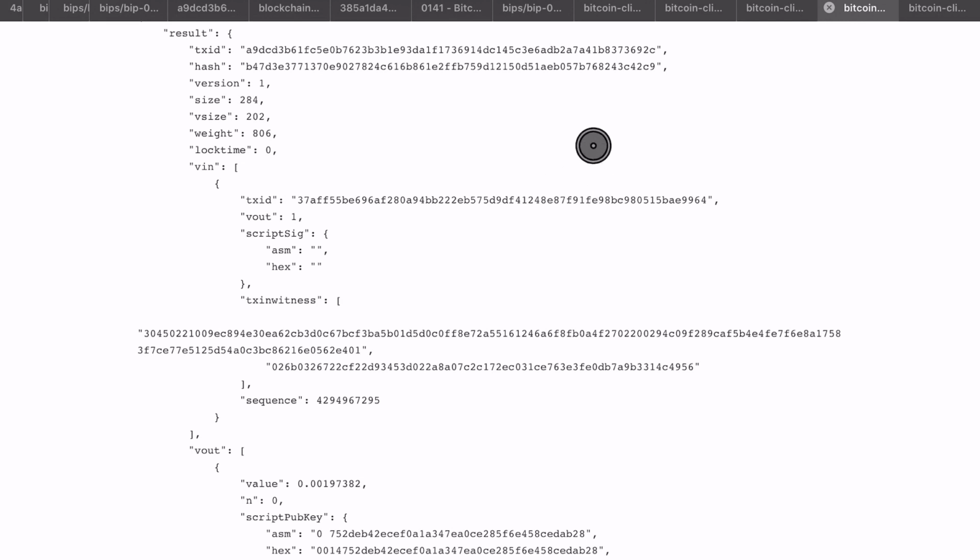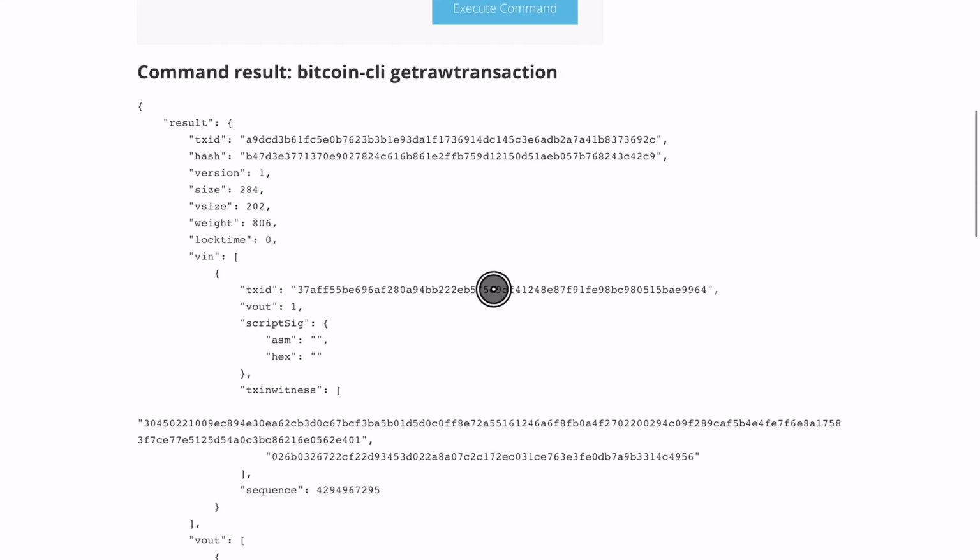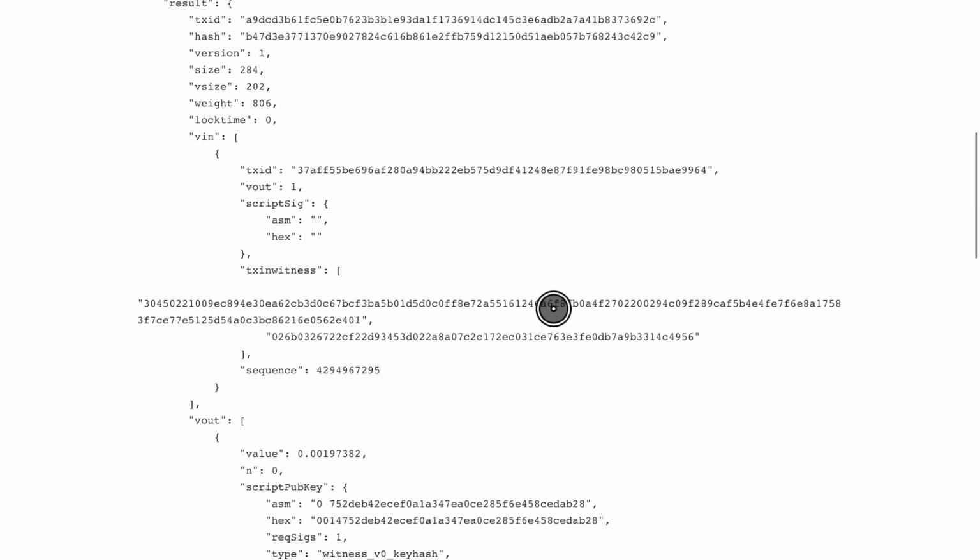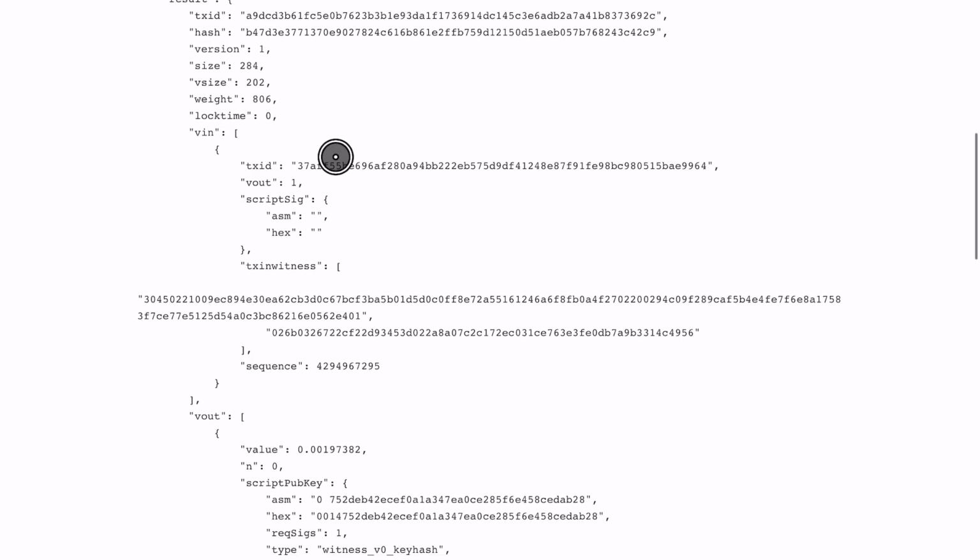I randomly picked one of today's transactions, and you can see here in the input the script sig is empty, and there's a parameter called witness, and it has two items.